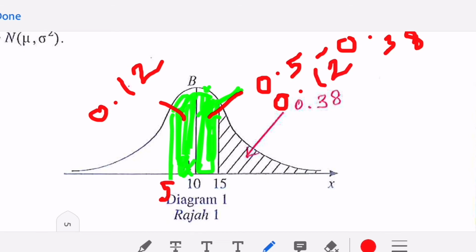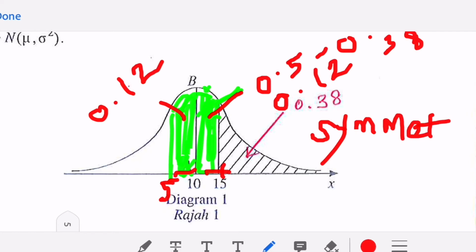That is the probability for x from 5 to 15. Both areas, 5 to 10 and 10 to 15, are the same, equal, balanced. So the answer is 0.24. This is the concept of symmetry of the bell shape. You must understand symmetry. Symmetrical means balanced.